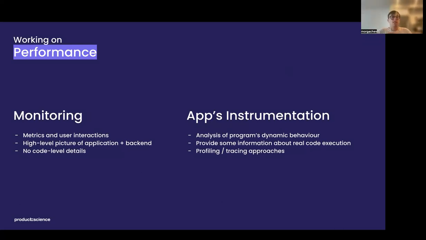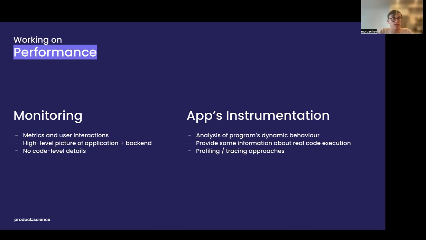Working on performance mostly consists of two different parts. The first of them is a monitoring system. In most cases it's made on real user monitoring. Such tools collect some target metrics of the app and user interactions, when the user clicks, when the user scrolls, and something like that.